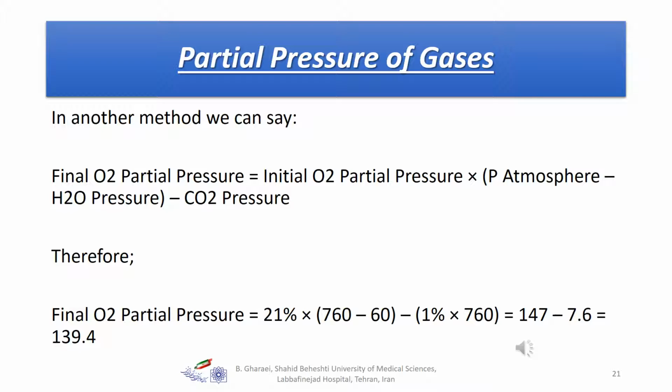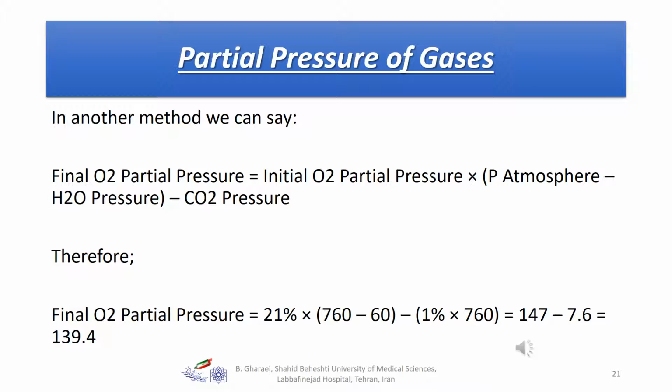And then from the total amount, we should reduce the carbon dioxide pressure, which is 1% multiplied by 760. So the result would be 147 minus 7.6, which is 139.4.